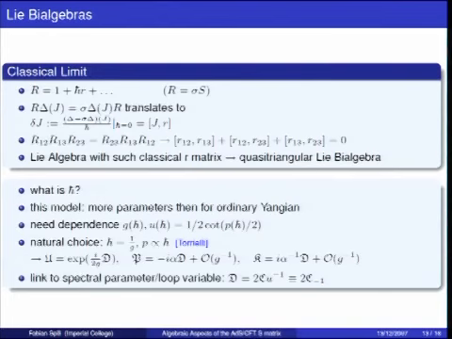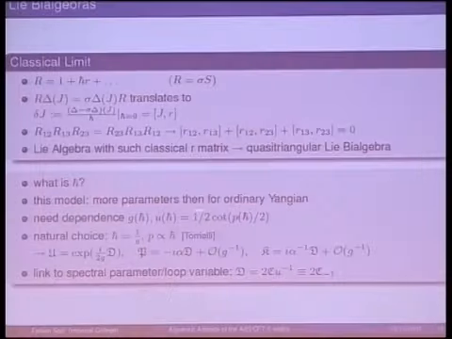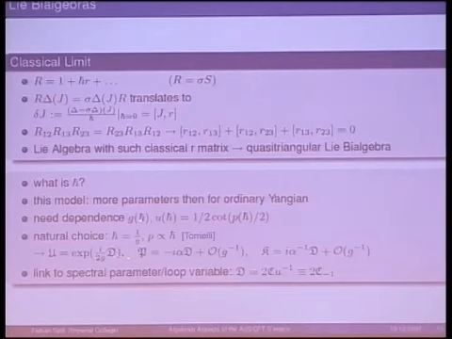So first of all, we need to identify what this h bar is. Usually for Yangians, you don't have much choice because there are no parameters except for the spectral parameter. But here we already have more parameters. So we need to say how those parameters, for instance the coupling constant g or the rapidity or momentum p, scale with h bar.